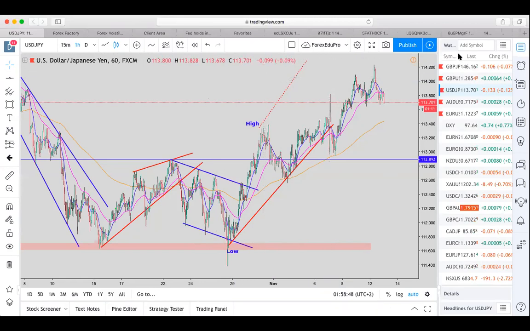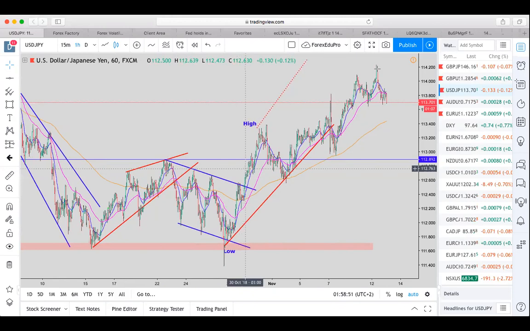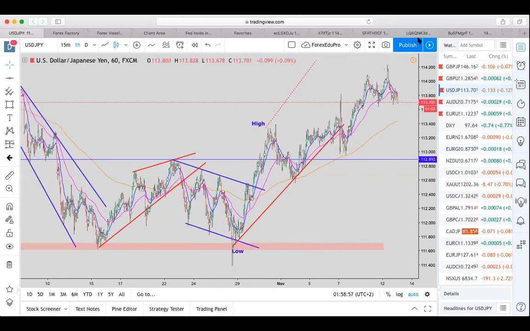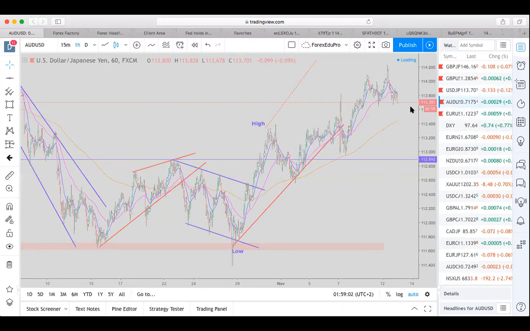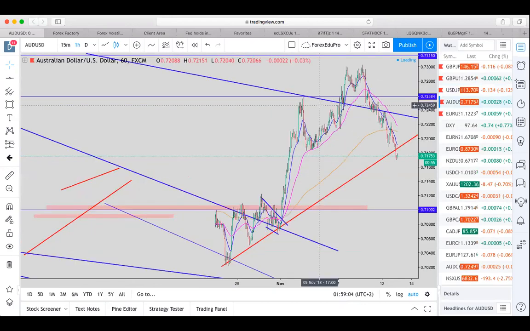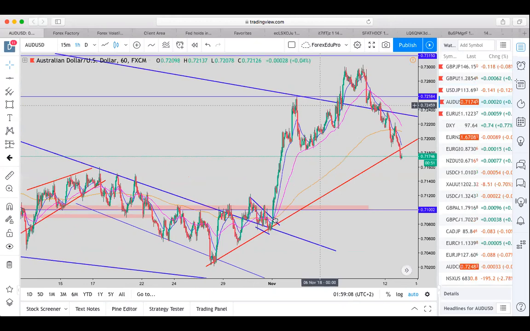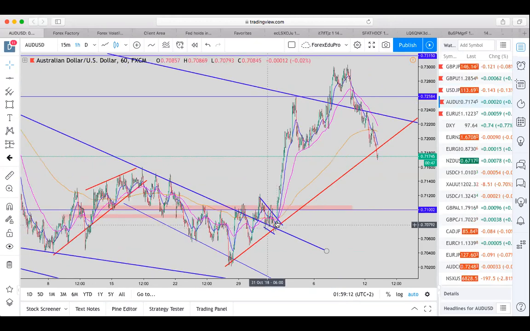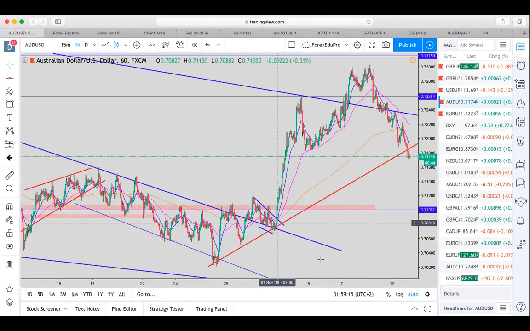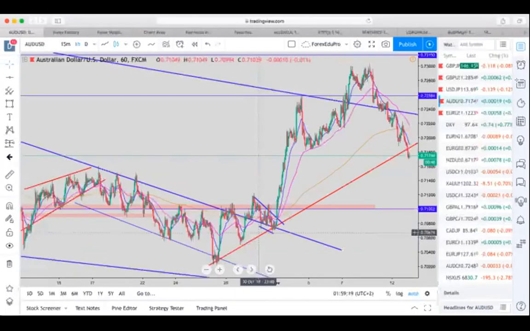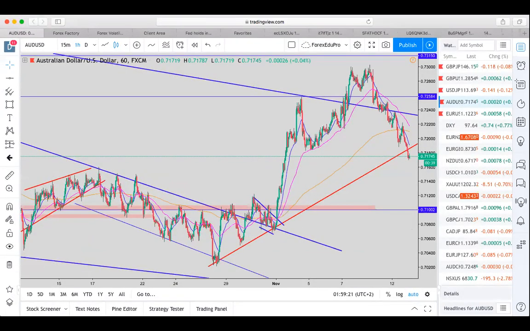Okay, so how many positions do I usually take on the breaks? Let's look at this setup on the AUD USD. Remember, we are looking at this setup here that was sent, this buy over here. Let me just find that in the group for you so we can revert over to that.